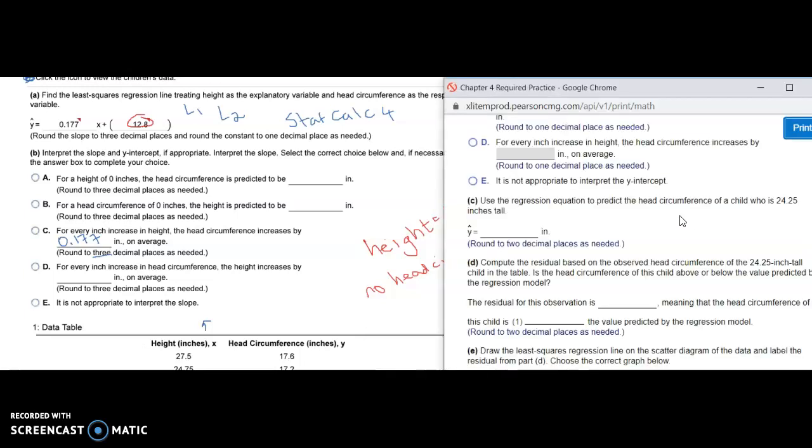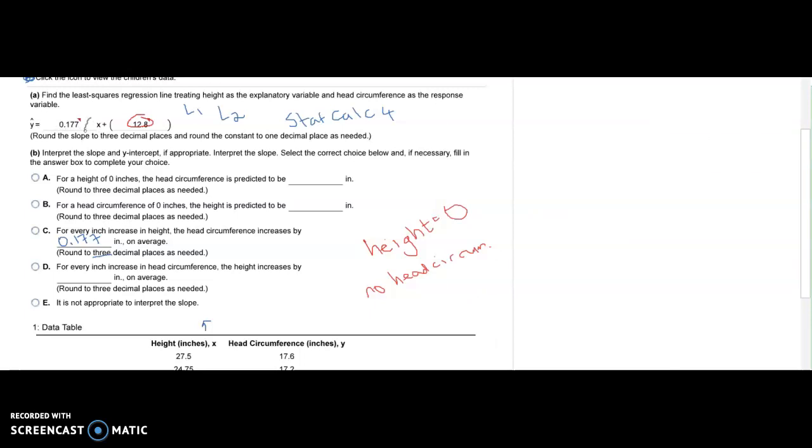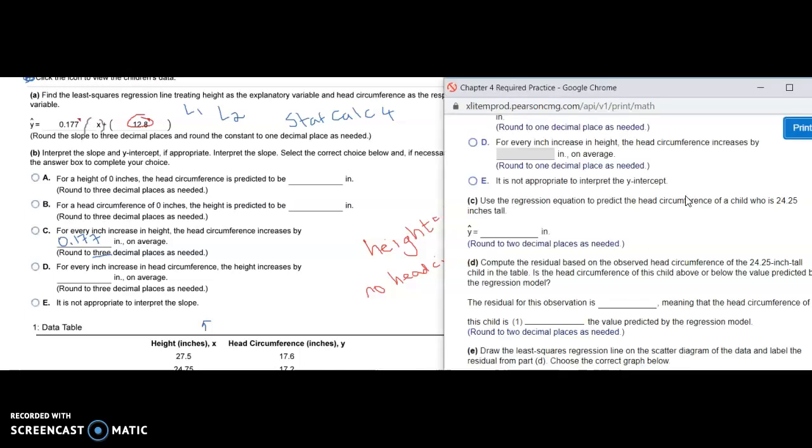Okay, so you're going to take whatever the number is here, and you're going to plug it into your equation here. You don't have to type in the y equals part, just 0.177, and you're going to multiply that by whatever the number is here.